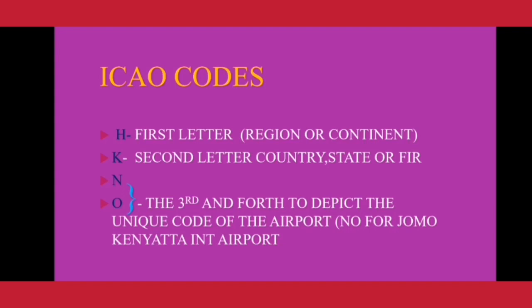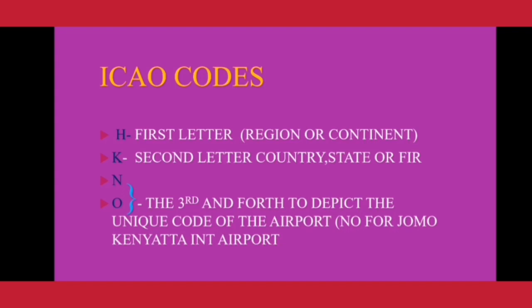And the second letter K means a state or country, for example Kenya, or flight information region. A flight information region is a boundary within which air traffic control services are available, and they have an area control center which coordinates all the flights within the flight information region. So the letter K in this case means the country, Kenya.